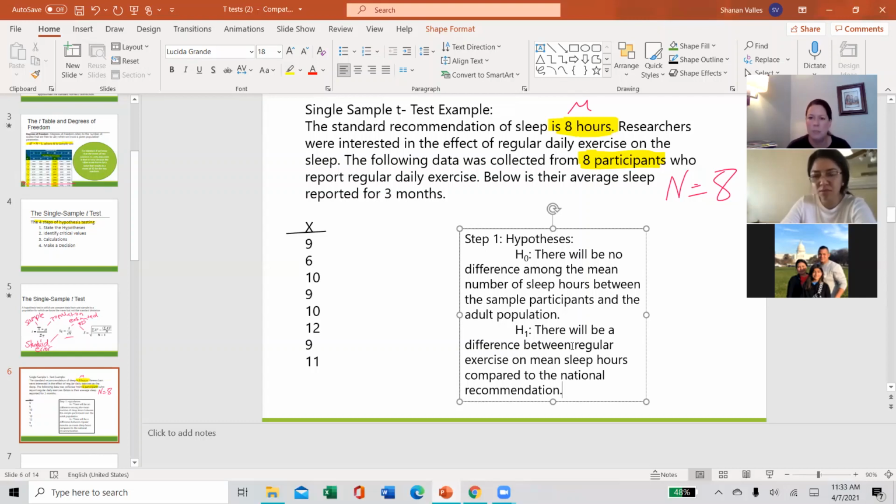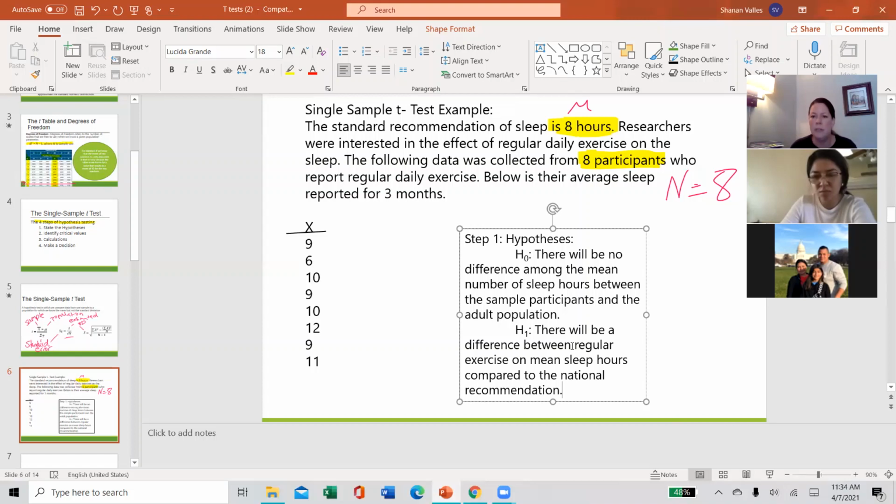You could even just mention the 8 hours, that the mean number of sleep for the participants will not equal 8 hours. You could do something very simple like that as well. So lots of different ways to word this, okay?